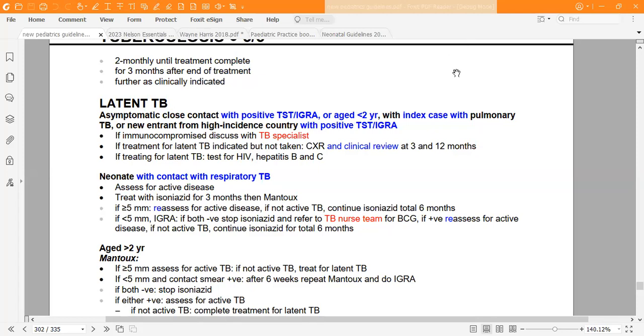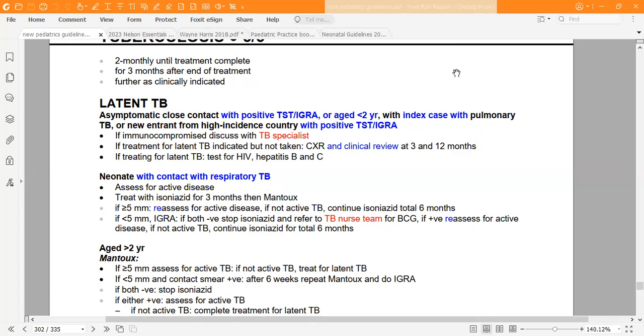Okay, for latent TB: asymptomatic, close contact with positive tuberculin test or IGRA, or aged less than 2 years with index case with pulmonary TB, or new entrant from a high incidence country with positive tuberculin test or IGRA.